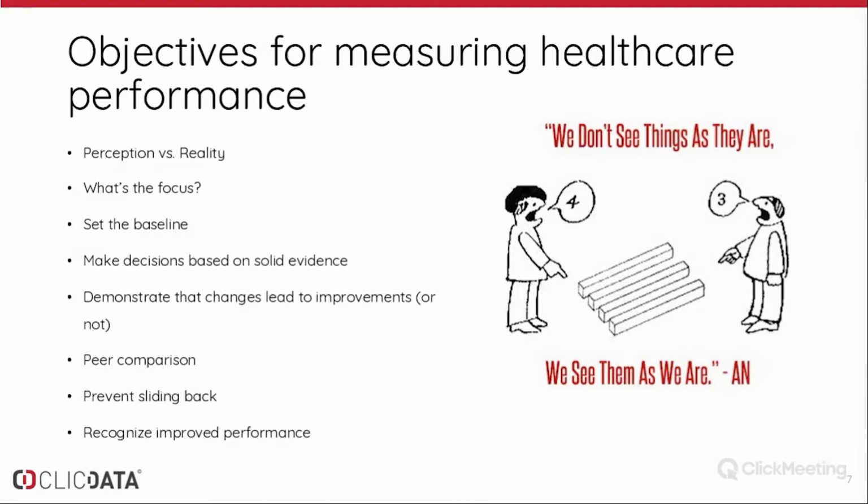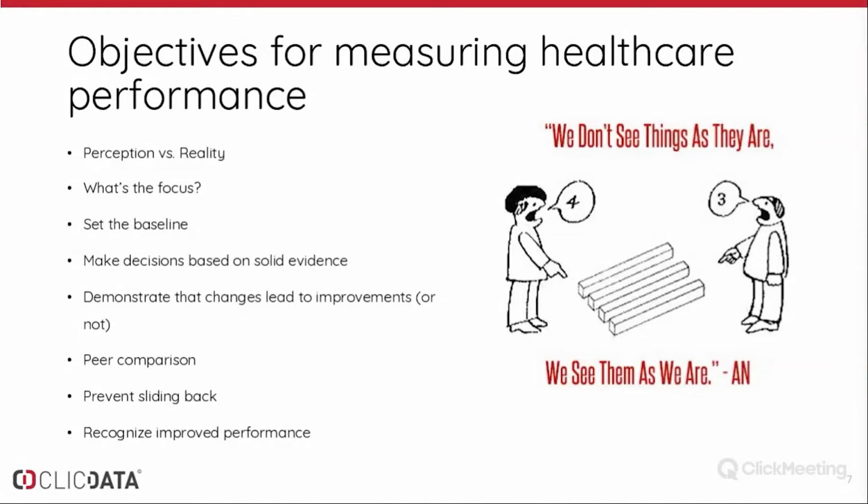And understanding that, what are the things that we perceive are working or are not working? Are they really things that exist, or is there a different reality to what we think is going on within our business? It also helps us to set a baseline for how we want to measure our performance.